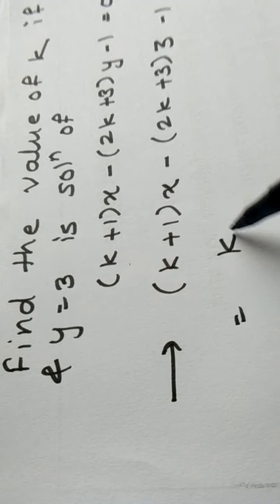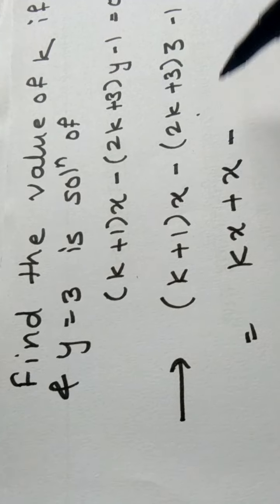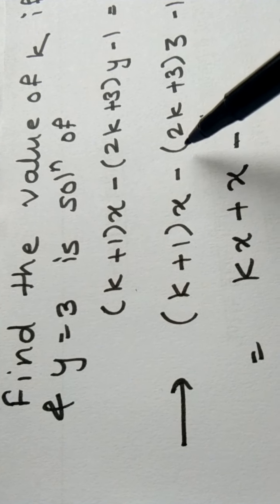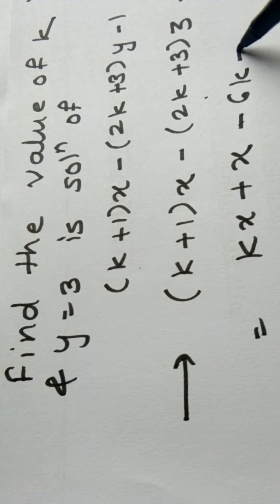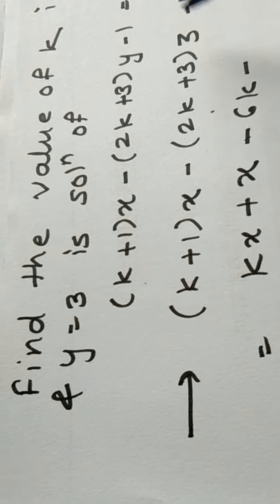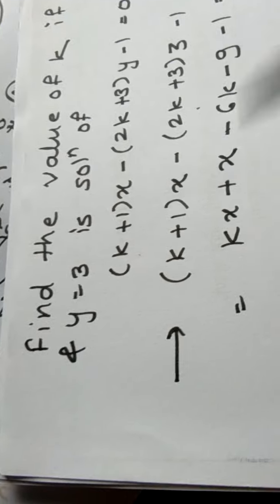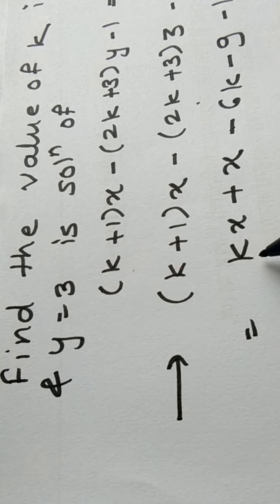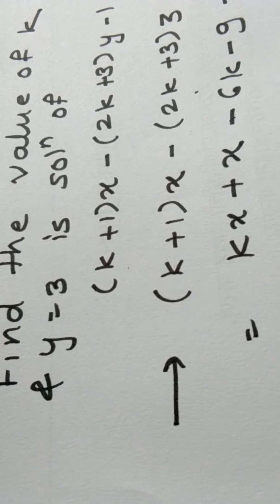k into x, kx plus 1 into x, x, minus 2 into 3, 6k, minus 3 into 3, 9, minus 1 is equal to 0.